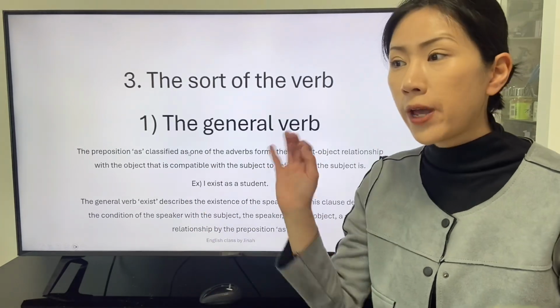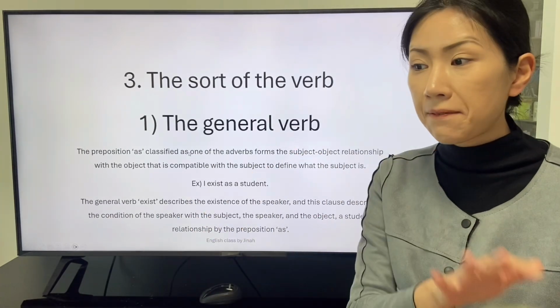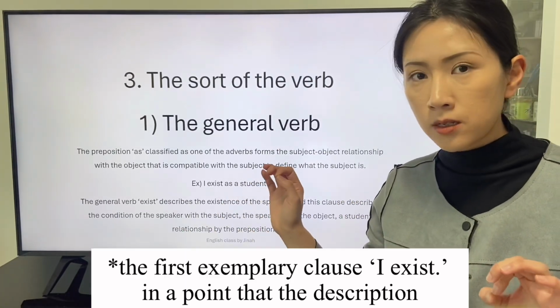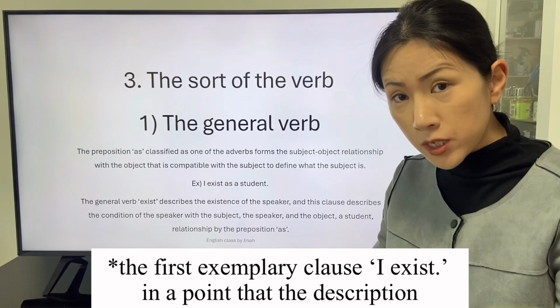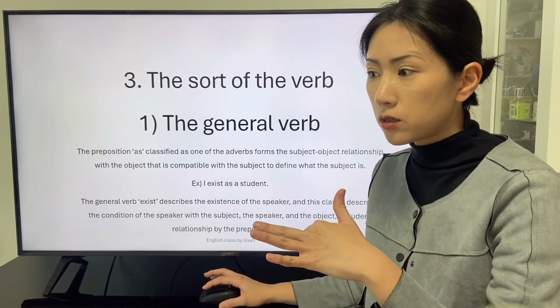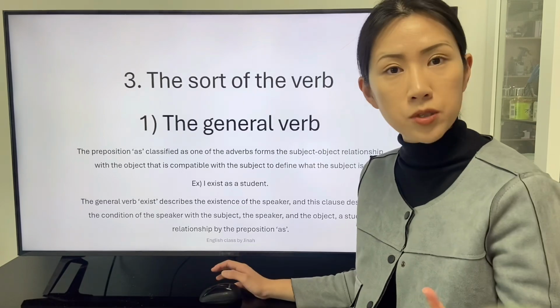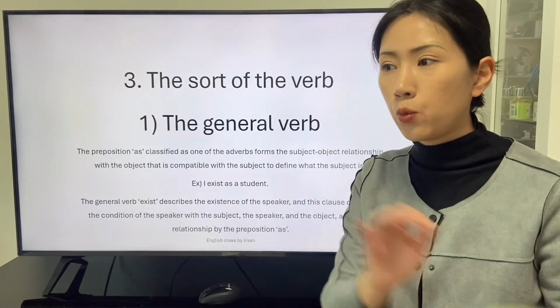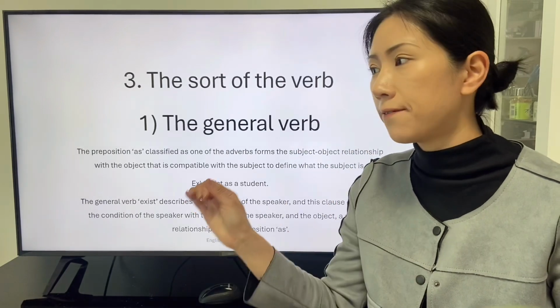In this clause, we have to notice that the definition of the general verb is the same as the description of the existence of the subject, right? We will compare this phenomenon with that of the be-verb.